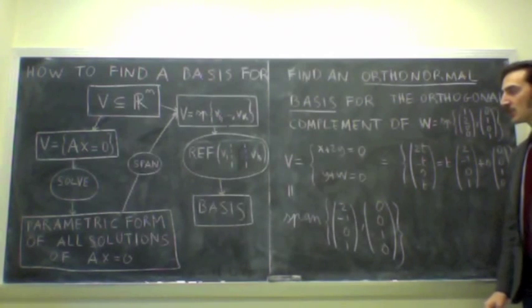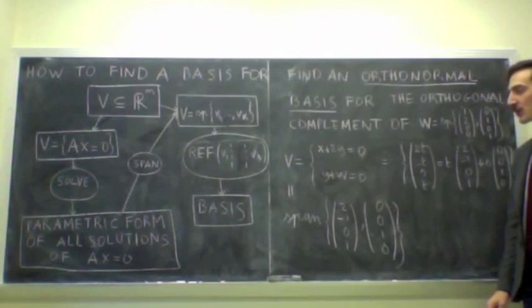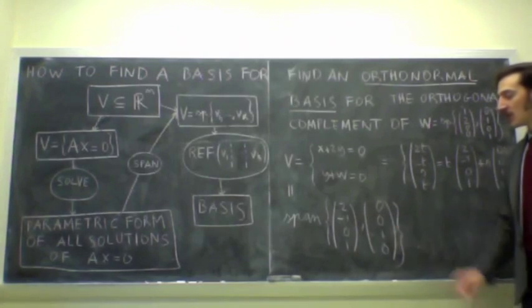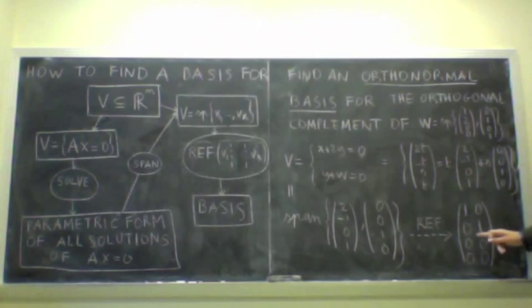So what we have to do to find the basis is simply compute the row echelon form of the matrix obtained by plugging these vectors into a 2×4 matrix. And this is the result we obtained by computing the row echelon form of the corresponding matrix. As you see, the leading ones are in the first position and the second position.